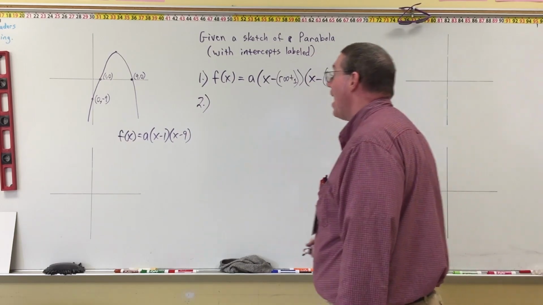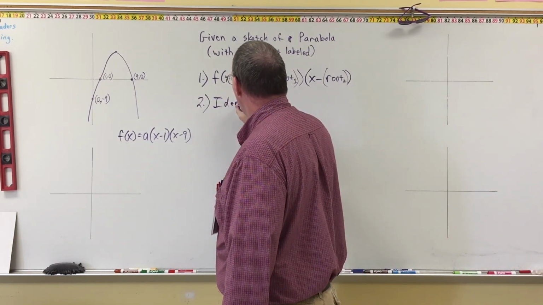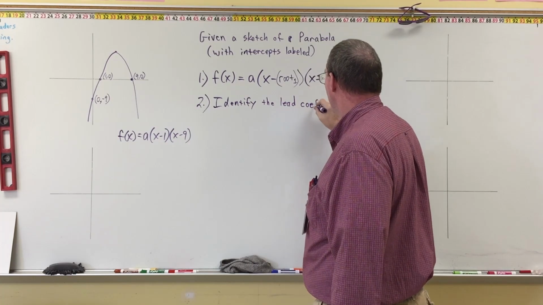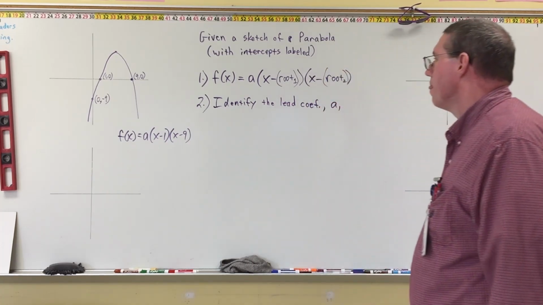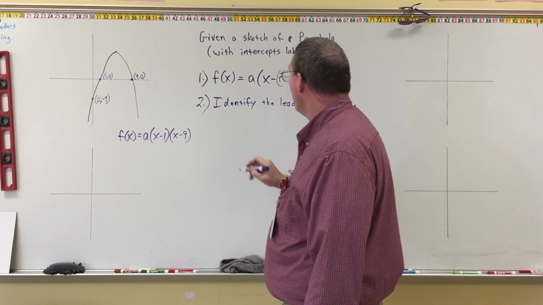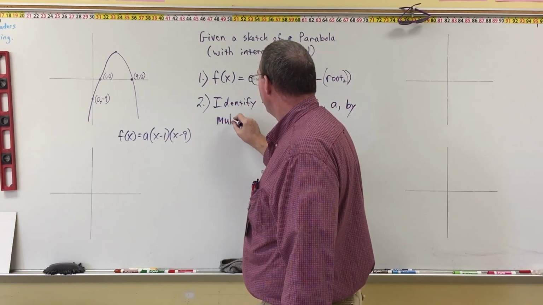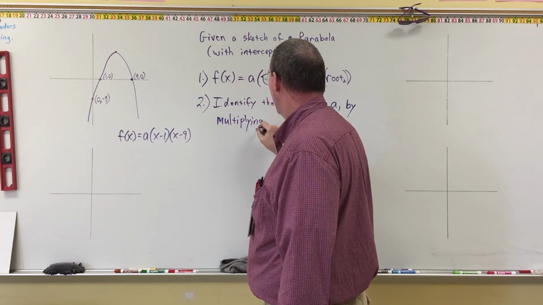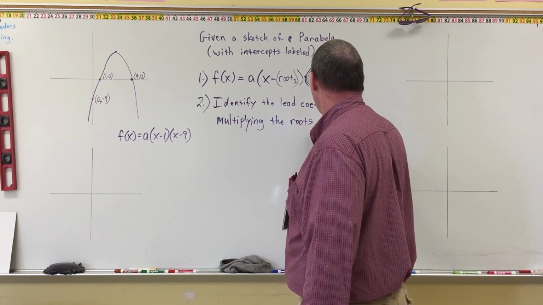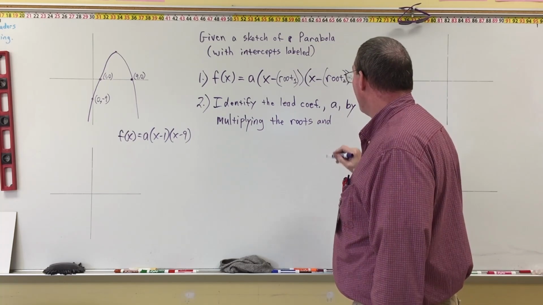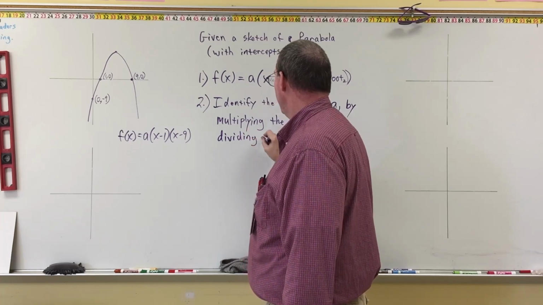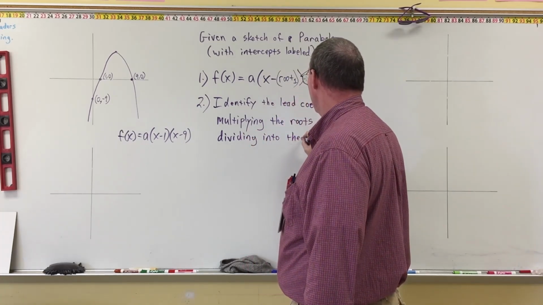Now, step 2, we're going to identify the lead coefficient a by multiplying the roots and dividing that product into the y-intercept.